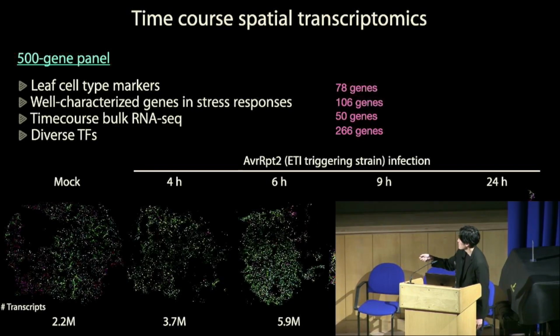We've done exactly the same time course upon infection of this immune triggering pathogen. Here, I'm showing only about 12 genes, but you can already see this massive transcriptional reprogramming upon pathogen attack with some interesting spatial structure.